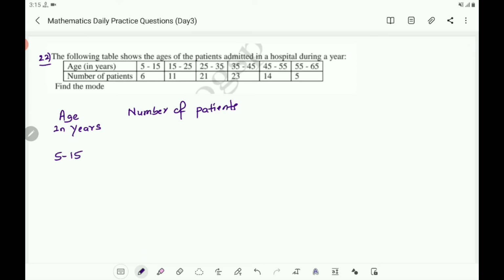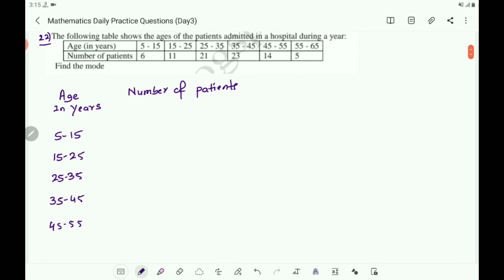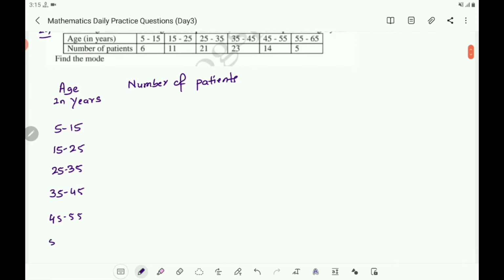5 to 15, 15 to 25, 25 to 35, 35 to 45, 45 to 55, 55 to 65.